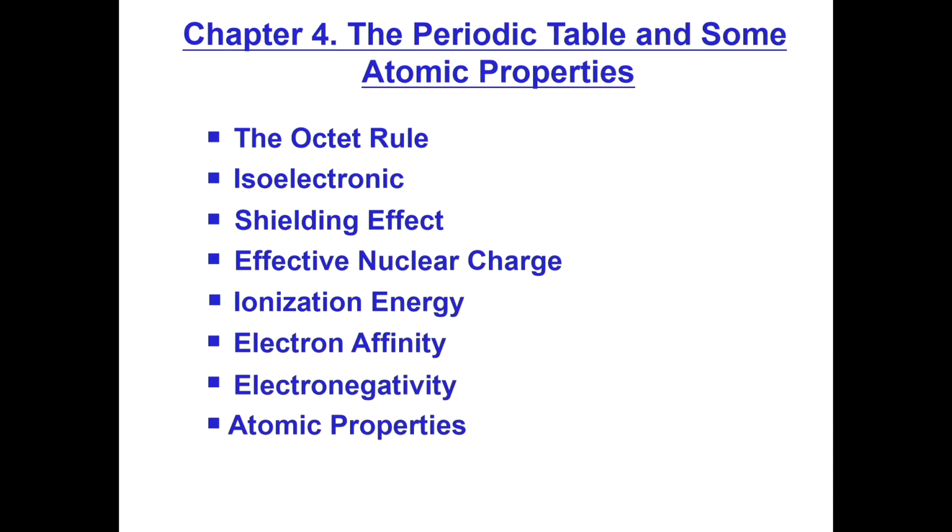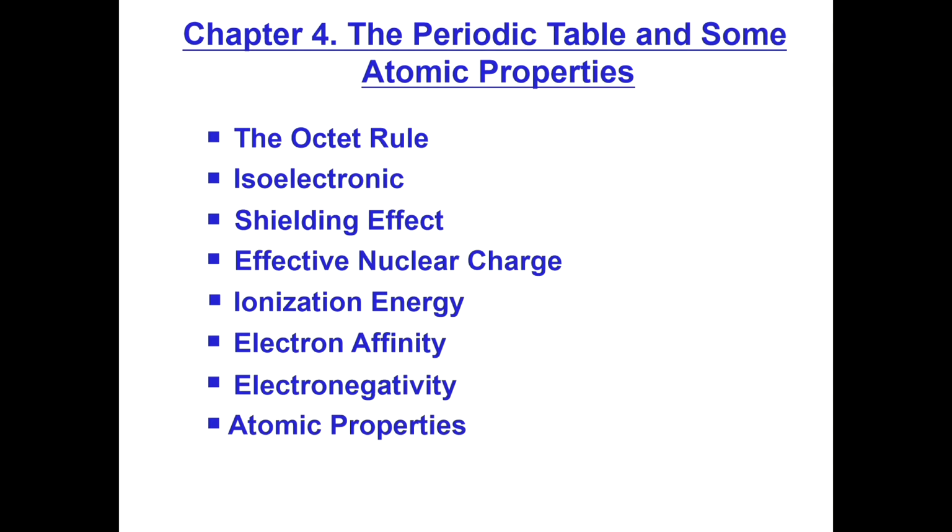Okay, chapter 4. This is about the periodic table, and also using the periodic table to learn some atomic properties. This will answer questions about why some elements are solids.